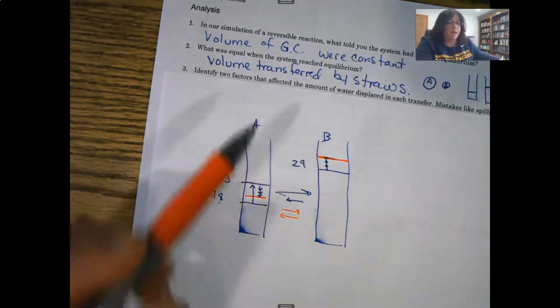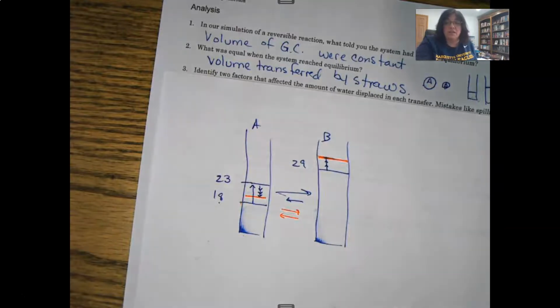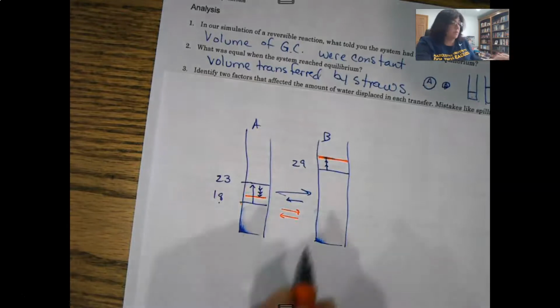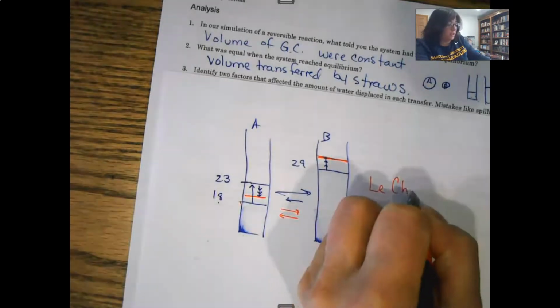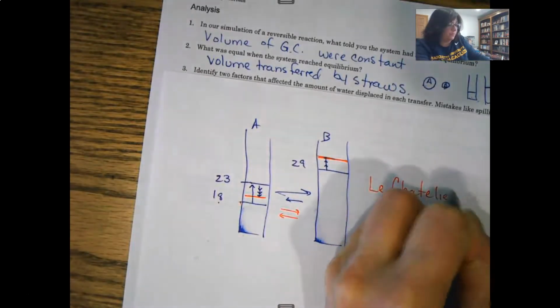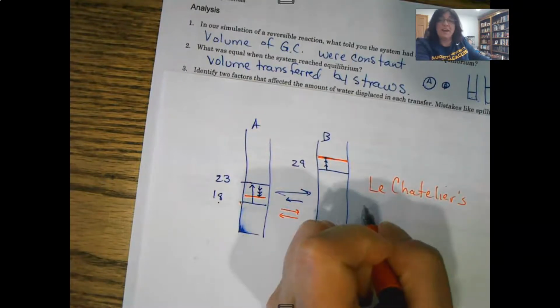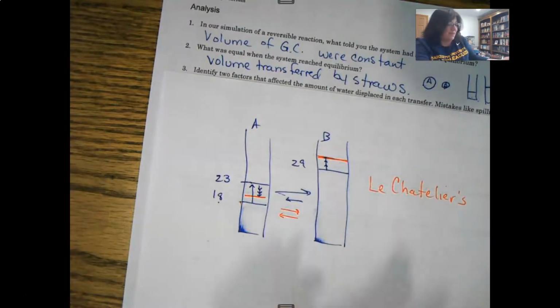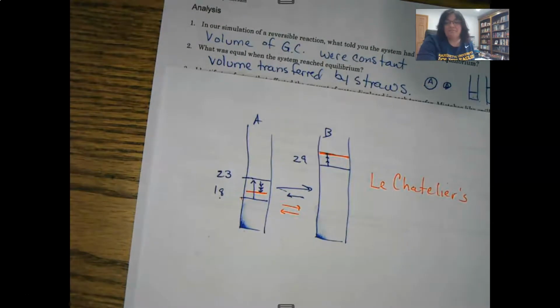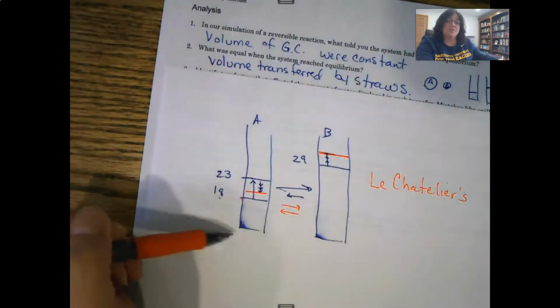This idea of readjusting the level of the waters in order to establish equilibrium is something called Le Chatelier's principle, or Le Chatelier, as some people say. I just say Le Chatelier. Le Chatelier's principle is the next concept that you're going to take a look at.